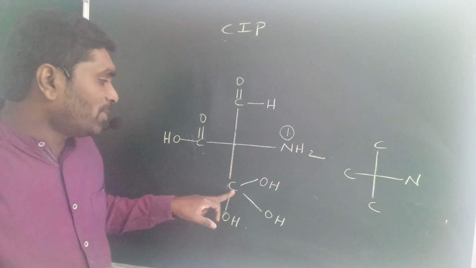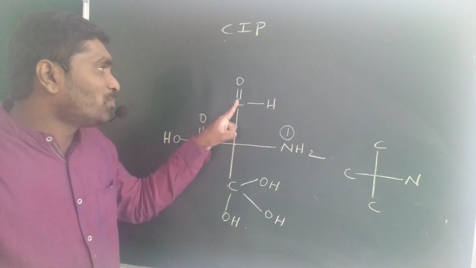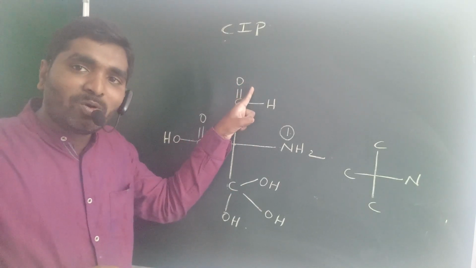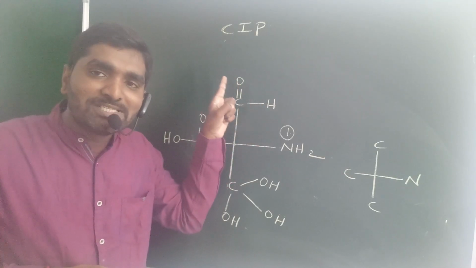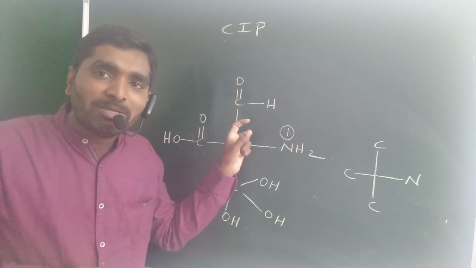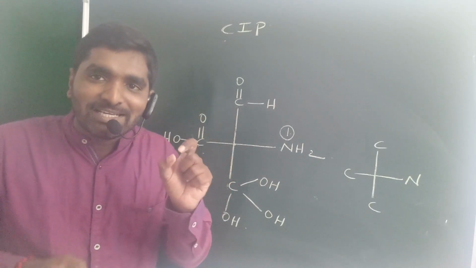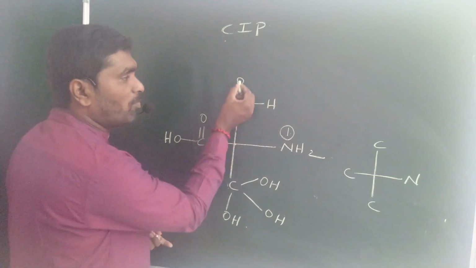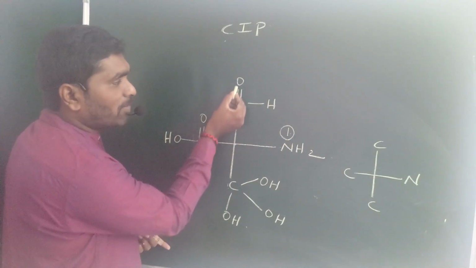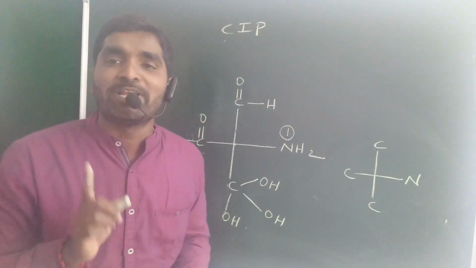Among these 3 carbon atoms, 1 carbon is bonded with a double bond O. These multiple bonds are very important according to the CIP rules. When you have multiple bonds, you split the multiple bonds. For example, C double bond O. Between the carbon and oxygen, a double bond is present.